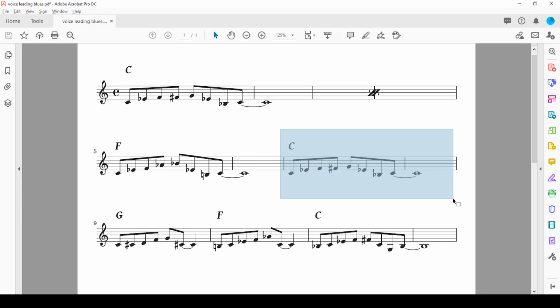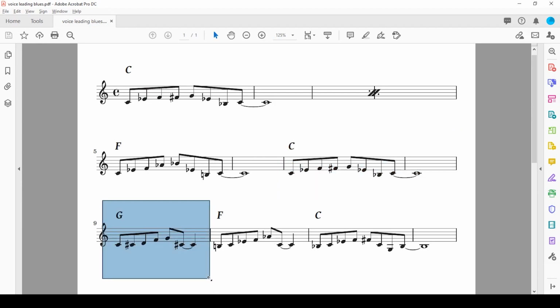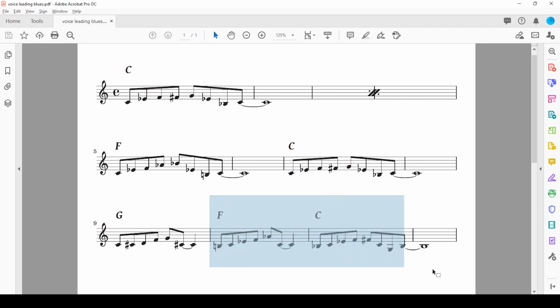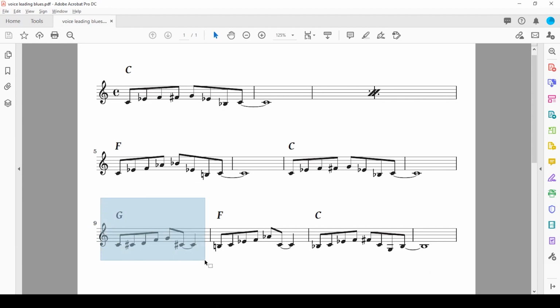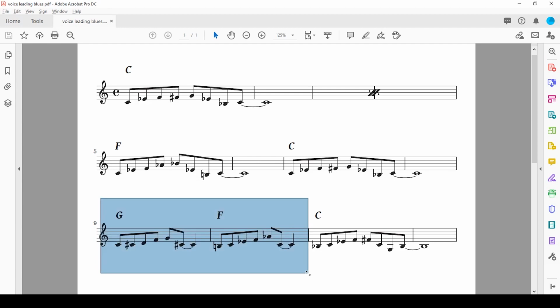That's because C to G made things get darker, and F to C is going to make things get darker also. But G going to F is kind of like a sideways step, that when I do this sort of thing, there's going to be motion both up and down.